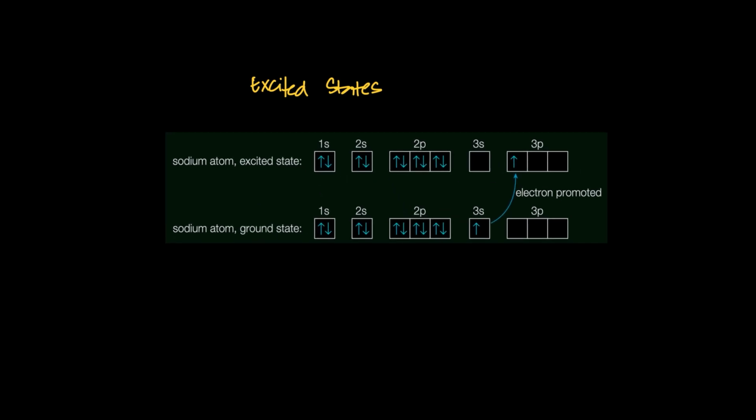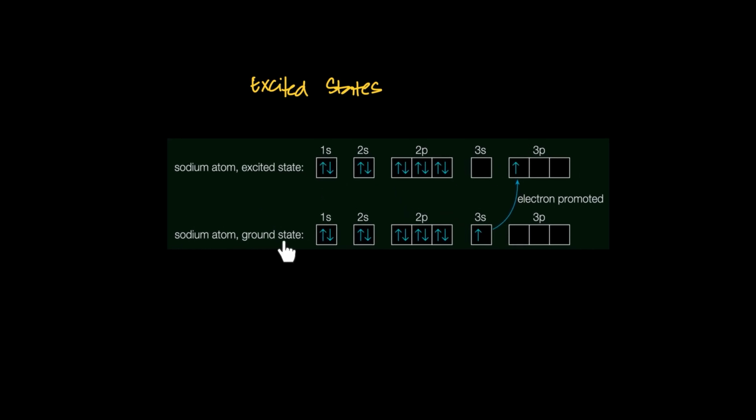For example, if this was sodium's configuration, we call a basic configuration the ground state, which is that electrons are in the 1s and then the 2s and the 2p and the 3s. This is the configuration of sodium.